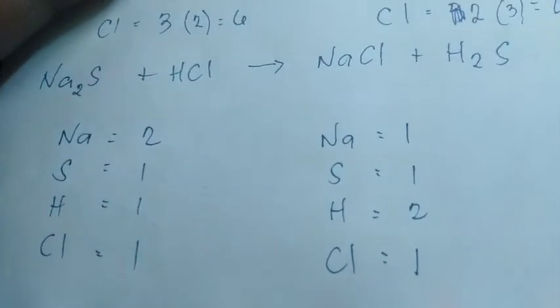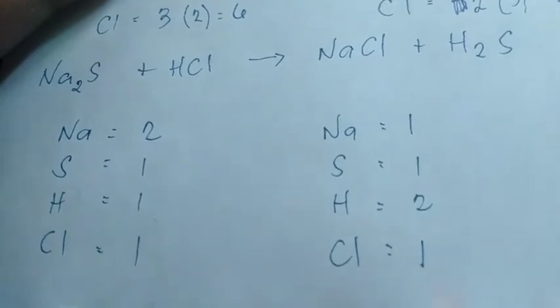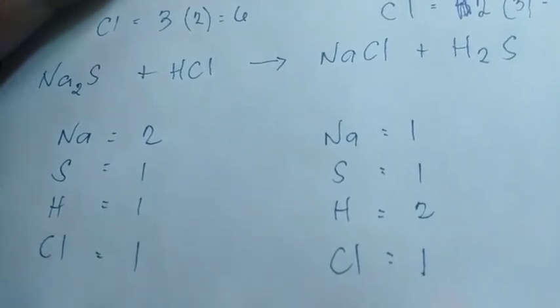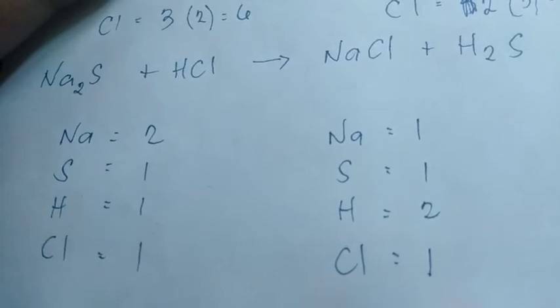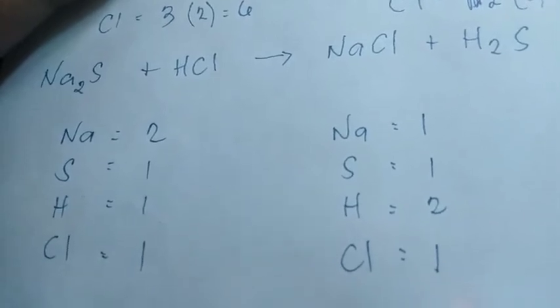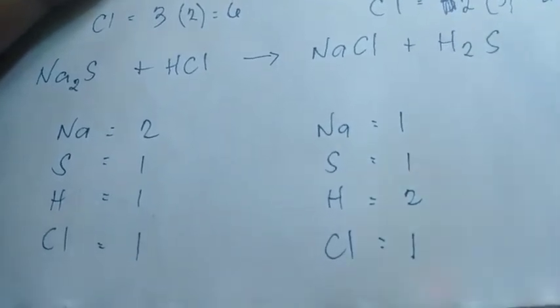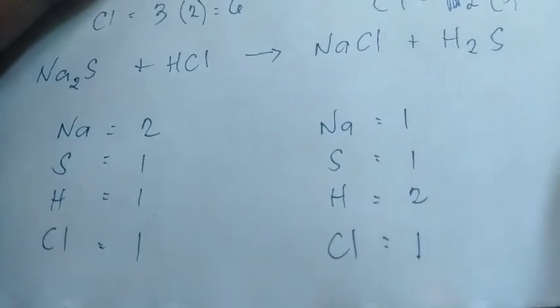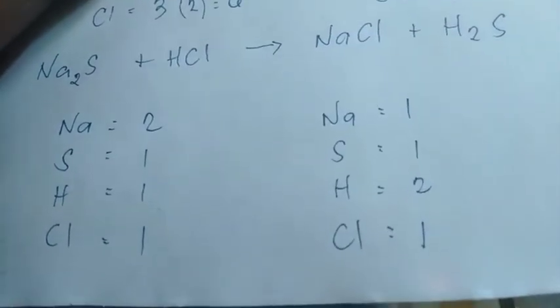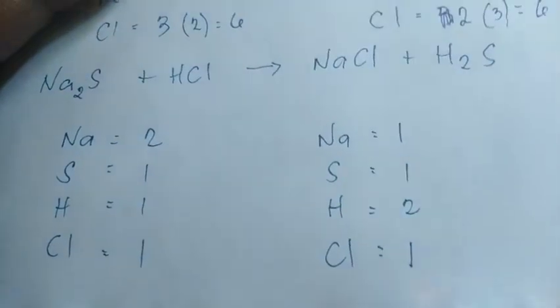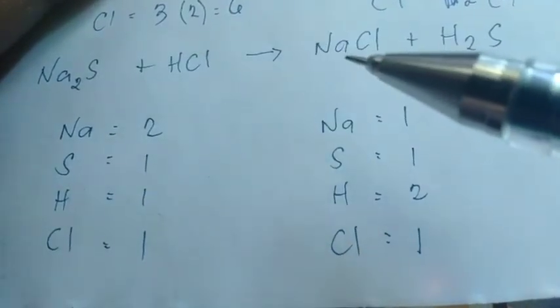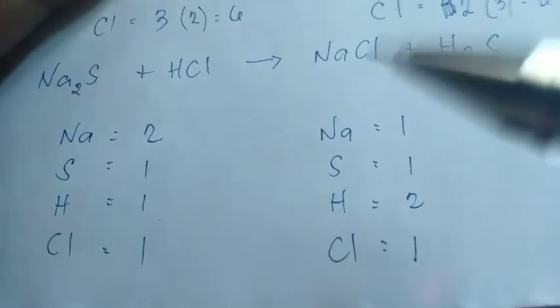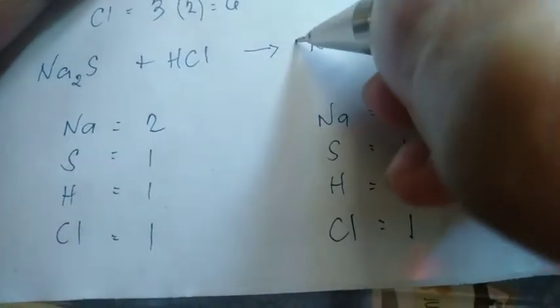Ang tawag naman sa equation na to is double replacement since nagpalitan si sulfur at saka si chlorine ng pwesto. Now, so paano yung gagawin natin dito? Notice na yung sodium dito sa reactant natin is merong 2. So, kailangan natin maglagay ng 2 sa tabi ng sodium para maging balance.